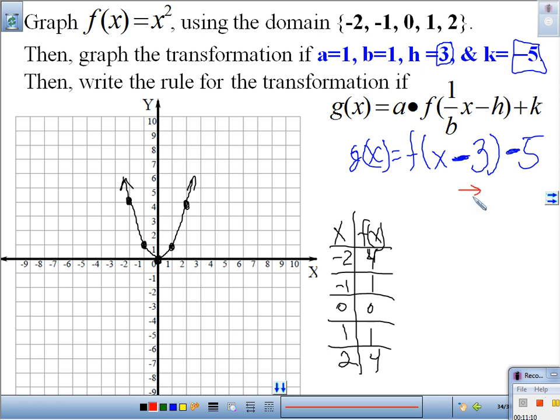To the right, 3 steps, and then down 5. All right, so I'm going to take the point of origin, 3 to the right, 5 down. There it is. Next point, 1, 2, 3, 1, 2, 3, 4, 5. Next point, the same. This point, the same. And the last point, the same. And that is our transformation.